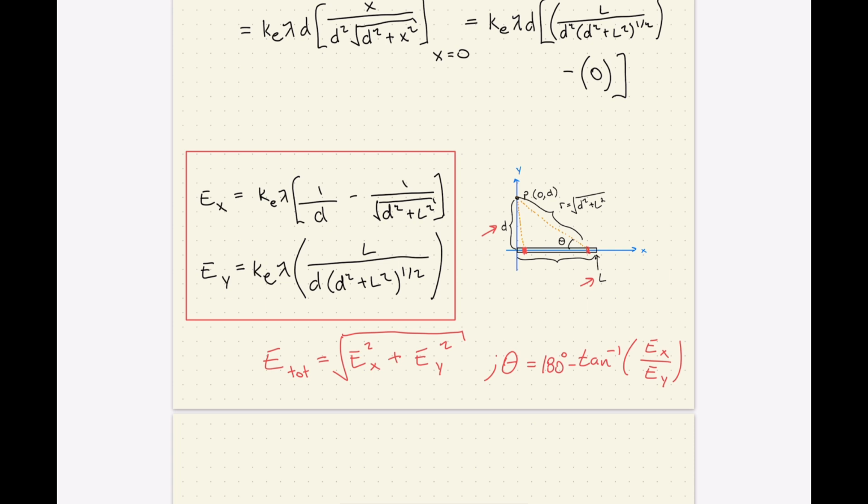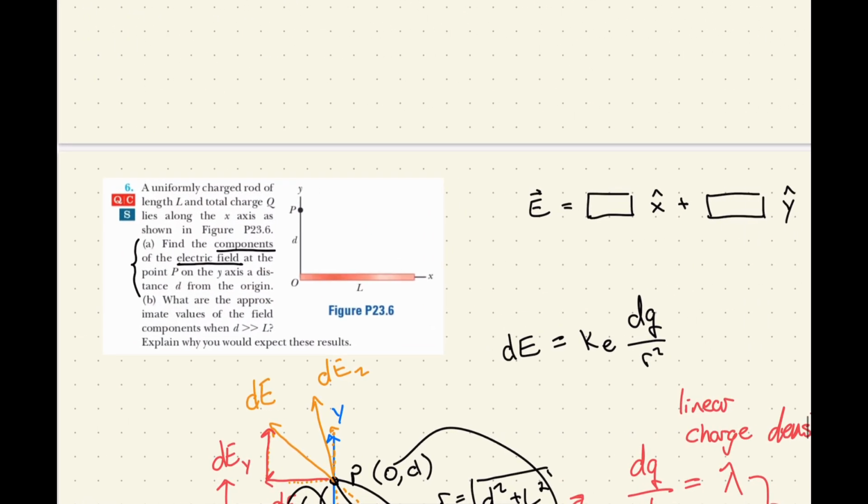And this would be the same electric field here or here or here, a distance D from the edge of the bar. So I want to show you the second part of the problem. First of all, let's take a look at this. Find the components of the electric field at point P on the y-axis, a distance D from the origin. So we found the components, and it is a symbolic problem.